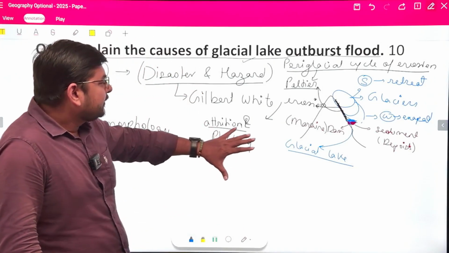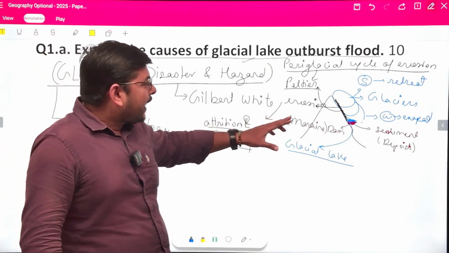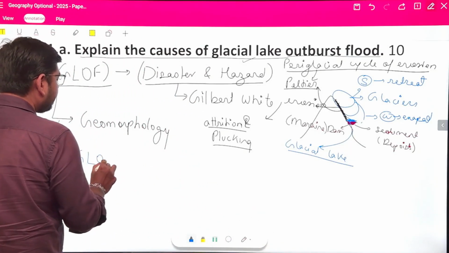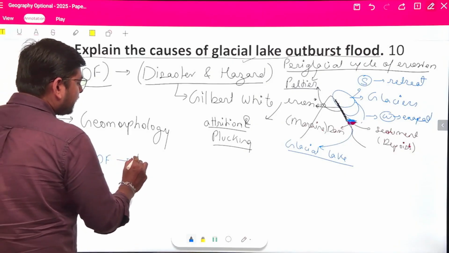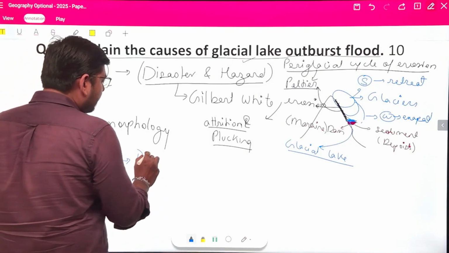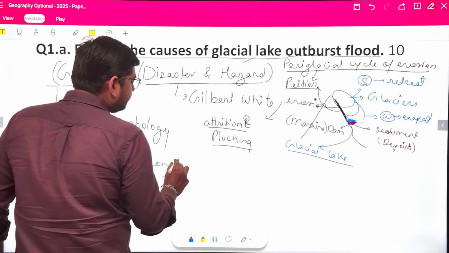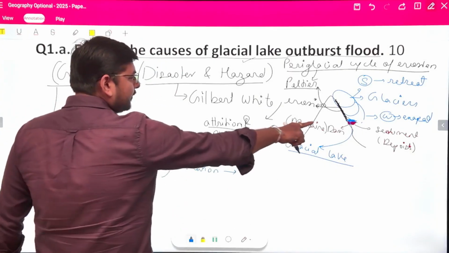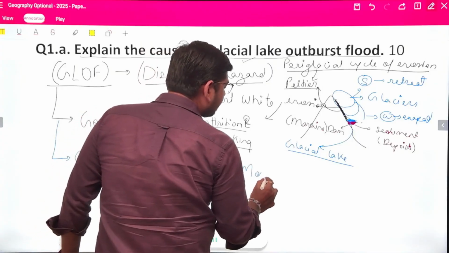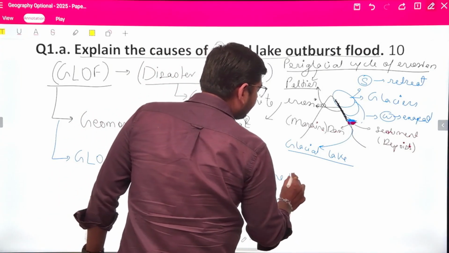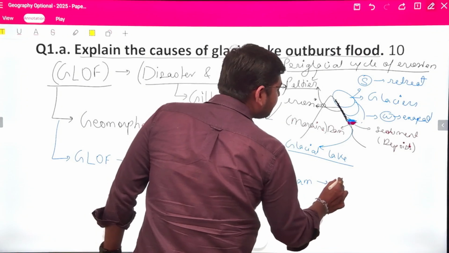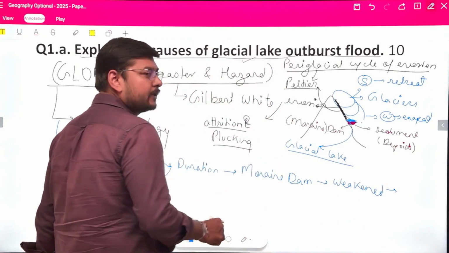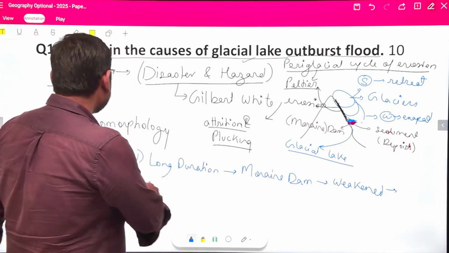Now, when we talk about the causes of GLOF, number one, sometimes because of its long duration, the moraine dam gets weakened, and this results in the outburst flow, that is the GLOF event.